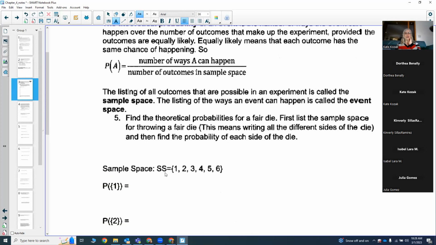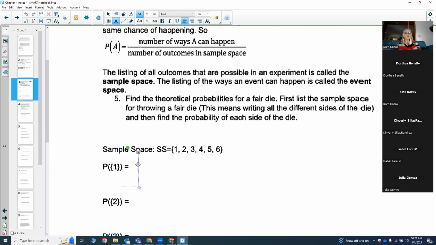However, if my die is fair, I can do exactly what I was told. So this probability of getting a 1 is 1 divided by 6 because there's one way of getting a 1 out of 6 ways of getting anything. The probability of getting a 2 is also 1 out of 6. And so forth.